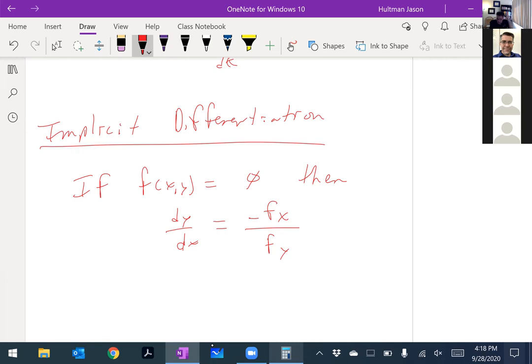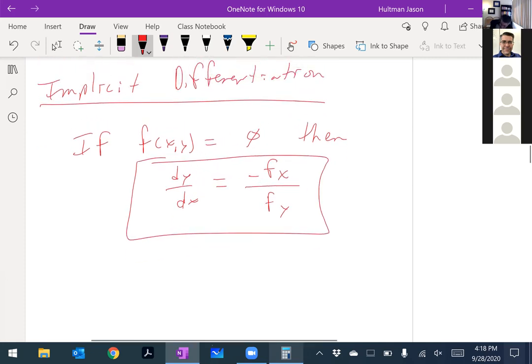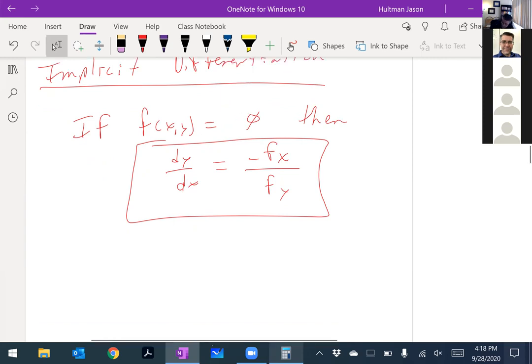So that's kind of interesting. How does this help me? Say I have a function of x, y and I set it equal to 0. I can implicitly differentiate that using this formula.